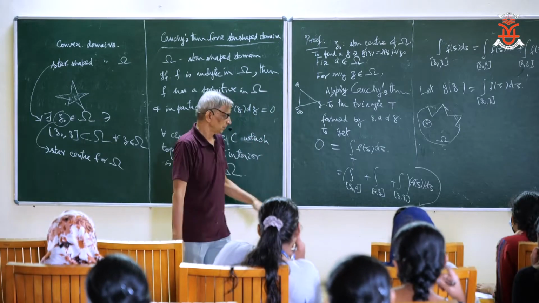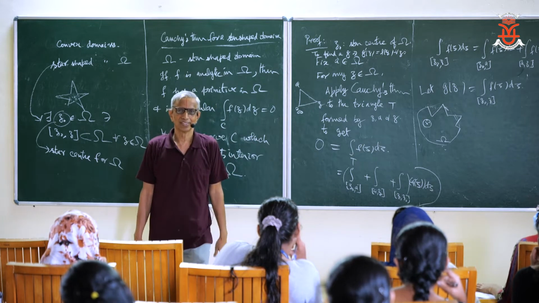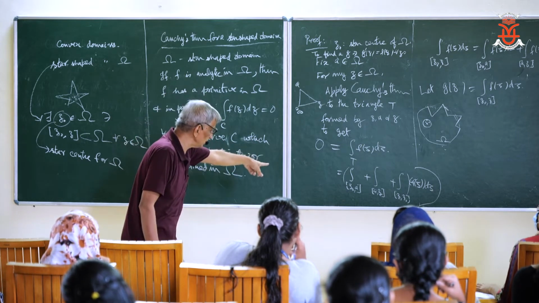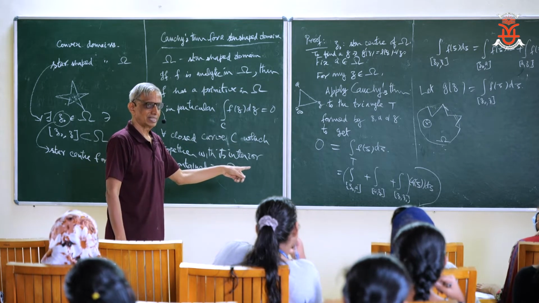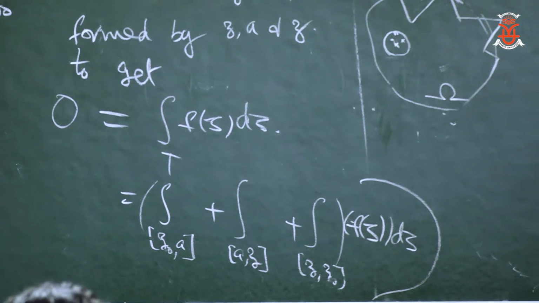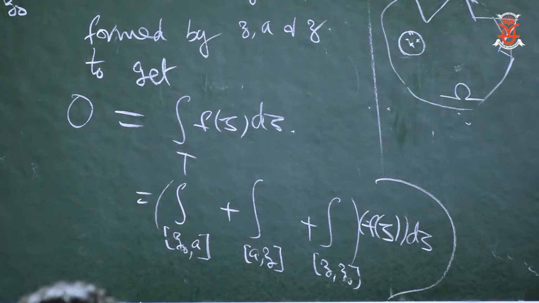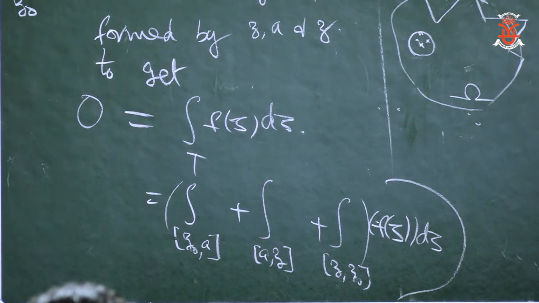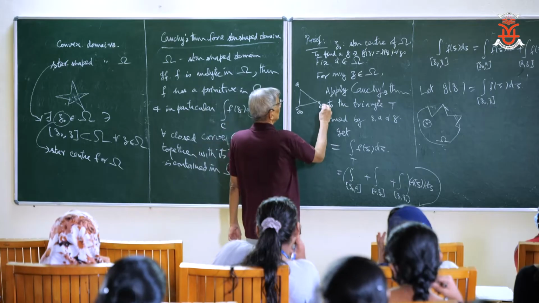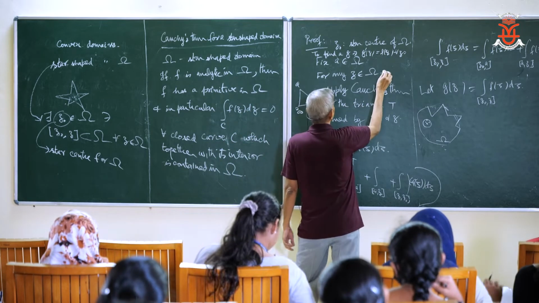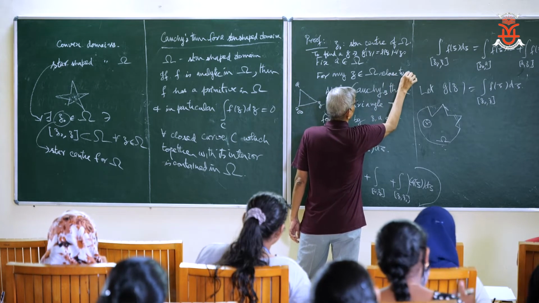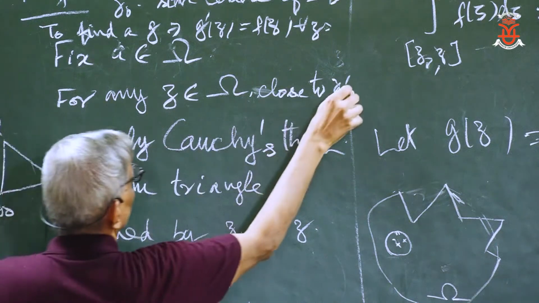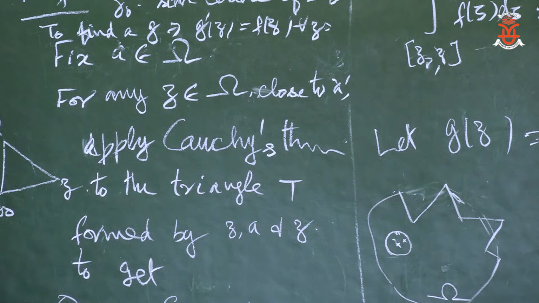Okay? So you have to observe that before writing this: for Z close to A, the line segment AZ will lie inside omega, and therefore this makes sense. Okay? Close means sufficiently close. Sufficiently close means inside omega.